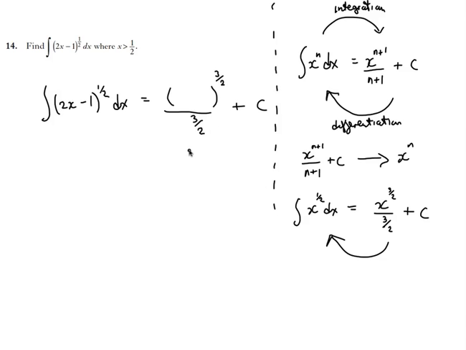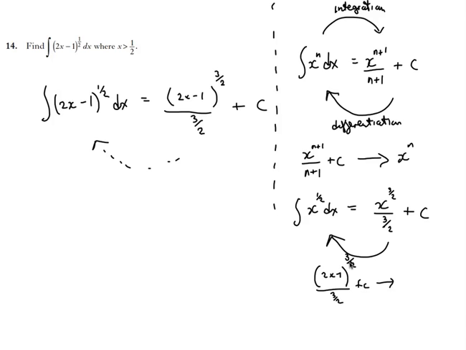Now, to check back, we would then differentiate this 2x minus 1, which is in there, to the power 3 over 2, divided by the 3 over 2, constant will just disappear.